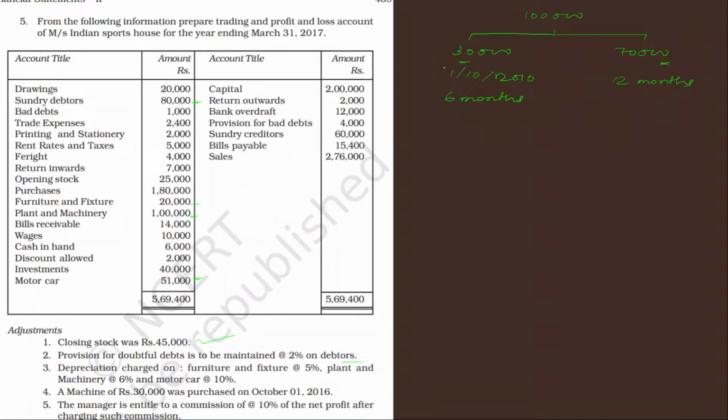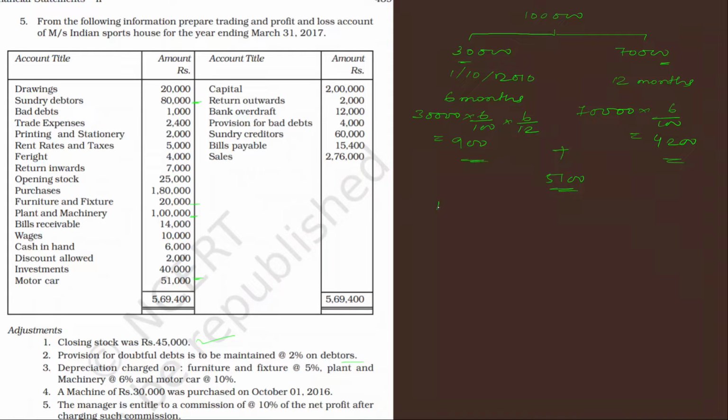In order to calculate depreciation, they have given you a rate of 6%. So for 30,000 it will be 30,000 into 6 by 100 into 6 by 12 for 6 months, that comes around 900. For 70,000 it is 70,000 into 6 by 100, so it turns around rupees 4200. So total depreciation will be 900 plus 4200, that is 5100.